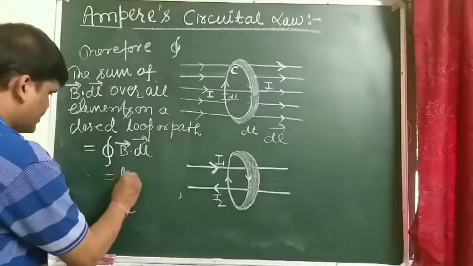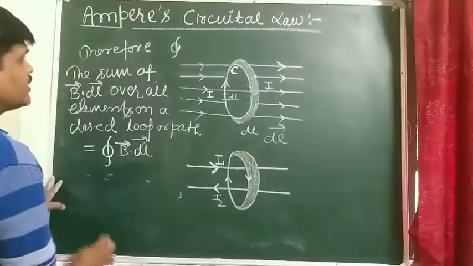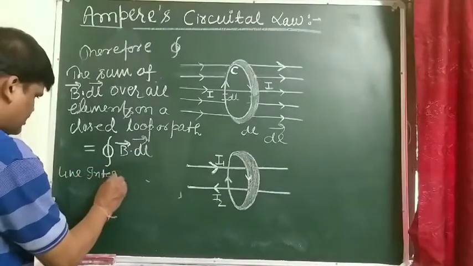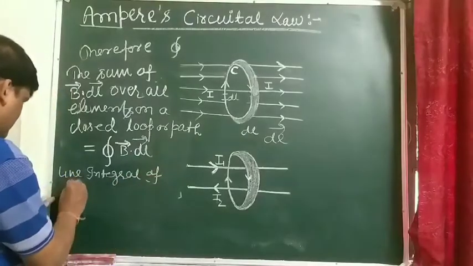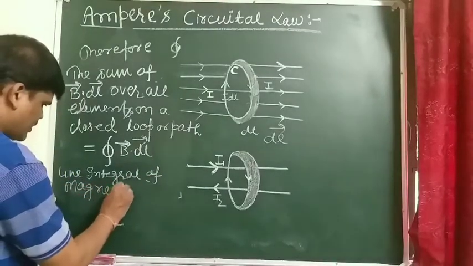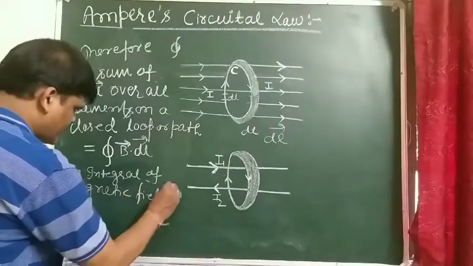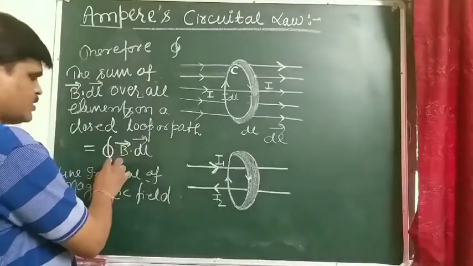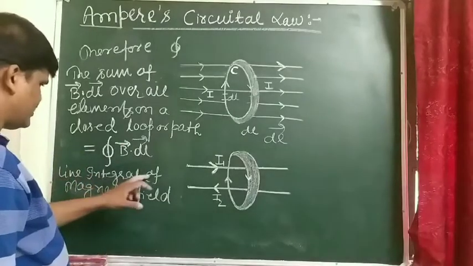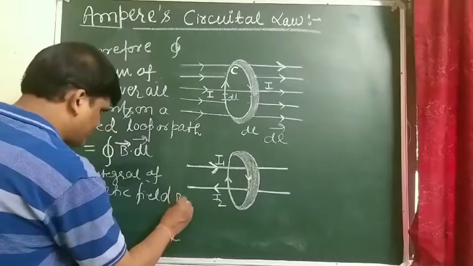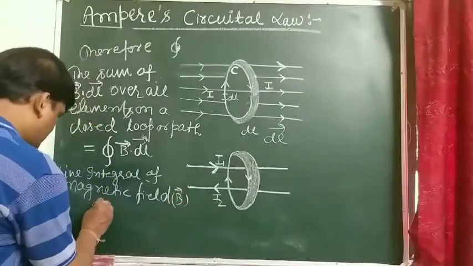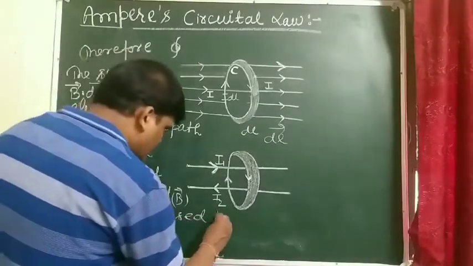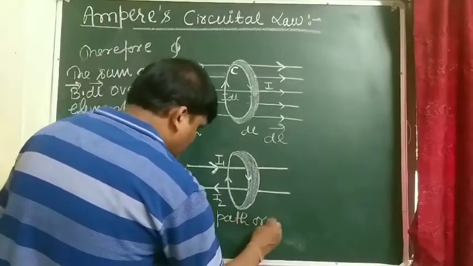The line integral of the magnetic field B, vector B dot dl, around a closed loop can be written as the line integral of magnetic field B around a closed path or loop.